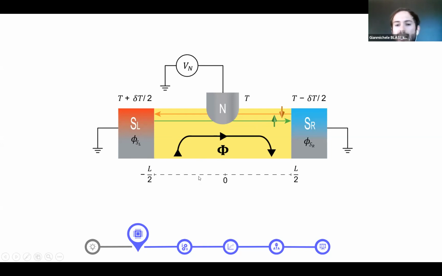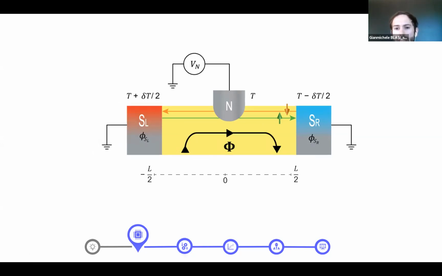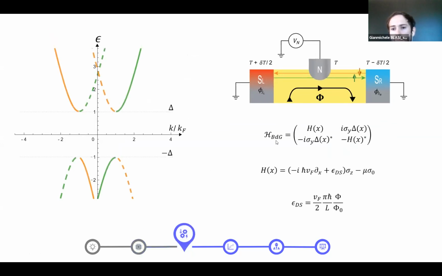But in order to understand what the Doppler shift effect is, let us consider the Hamiltonian which describes the system. The system is described by this Bogoliubov-de Gennes Hamiltonian, which is particle-hole symmetric by construction, whose eigenspectrum is represented here. More specifically, here is represented the eigenspectrum of the homogeneous proximized topological insulator region.